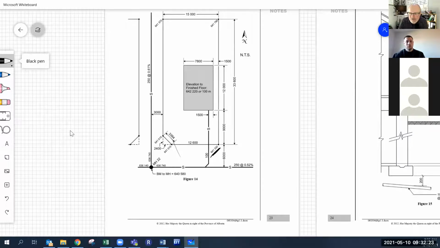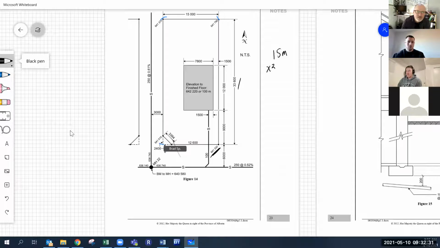I don't think so. It should be the 15 at the top, the 33.6. 15 meters by, oh, the entire lot, I see. 33.6 meters. And then we've got to take out that triangle.